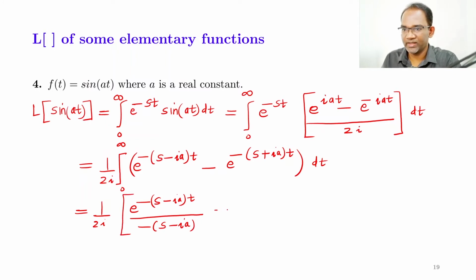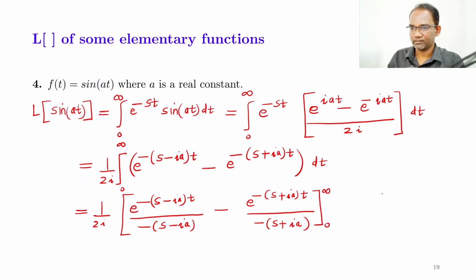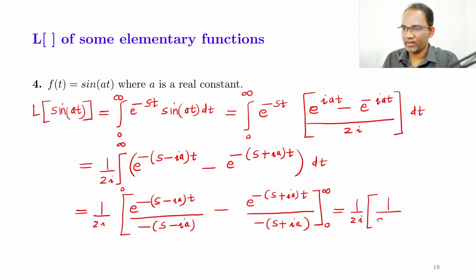And the second term is minus e raised to minus s plus ia times t over minus of s plus ia, within the limits 0 to infinity. And this is equal to 1 over 2i, then 1 over s minus ia minus 1 over s plus ia.